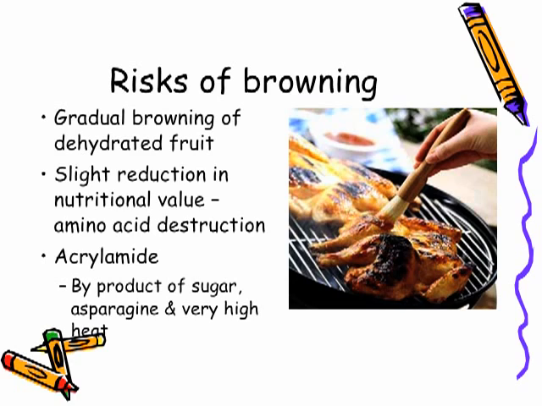Probably the most significant thing that we hear about is the formation of acrylamide, which is a byproduct of this combination of sugar, asparagine, and very high heat that occurs usually in grilling, high temperature frying, and that's why we recommend that those foods would only be consumed occasionally and not in large quantities, and that you would also include a variety of antioxidants in your diet in order to temper or help to mitigate the formation of acrylamide.